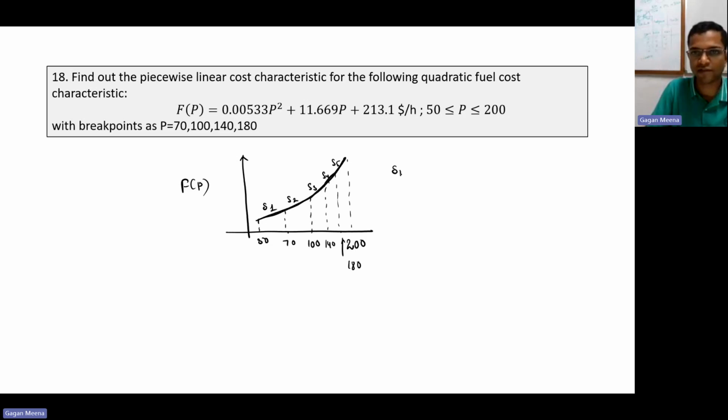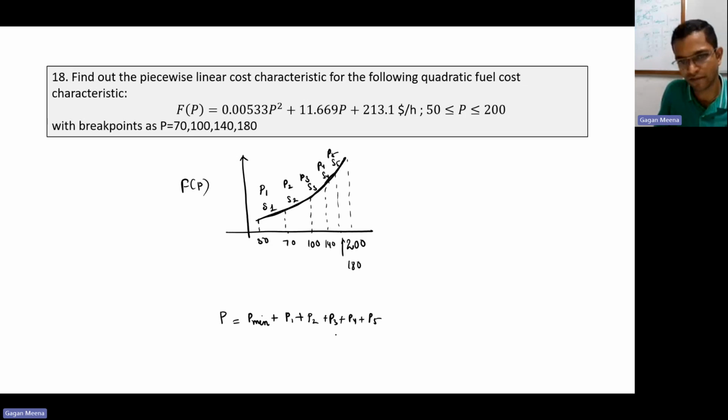Now we have to calculate each of these slopes, and we know that final P will be equal to P minimum plus, associated with each segment, one variable P1, P2, P3, P4, and P5, that is P1 plus P2 plus P3 plus P4 plus P5.